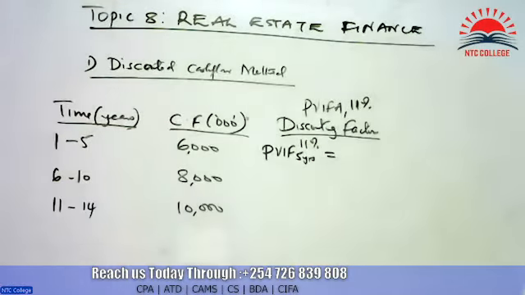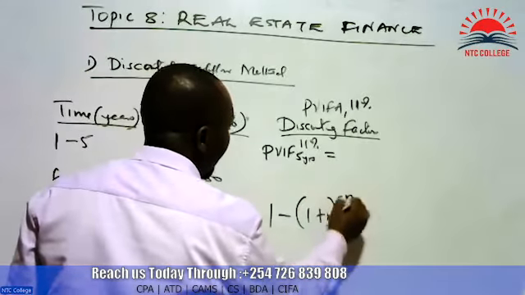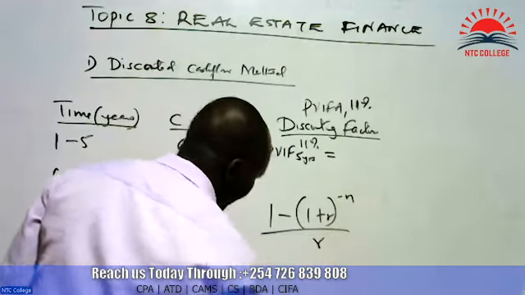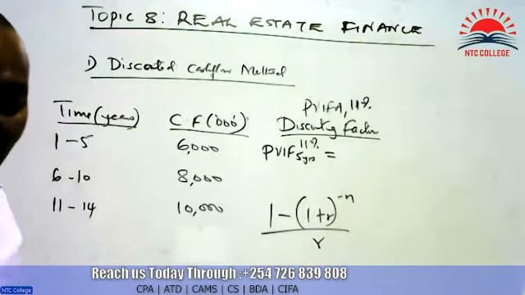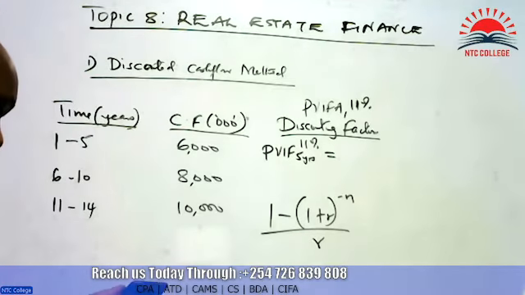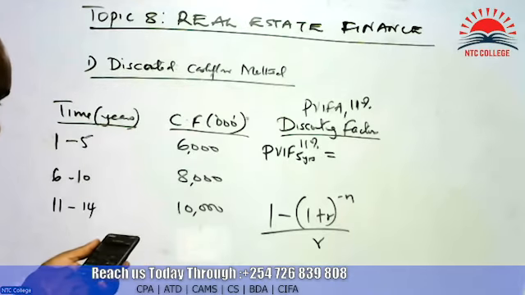We know the formula for PVIFA, right? 1 minus, in bracket, 1 plus r raised to negative n, all this over r. Our r is 11%, so 1.11 raised to negative. The period is 5, maximum for the first one. So you say negative 5.